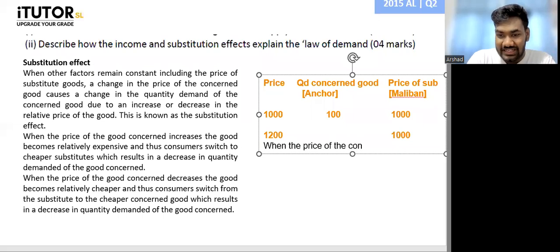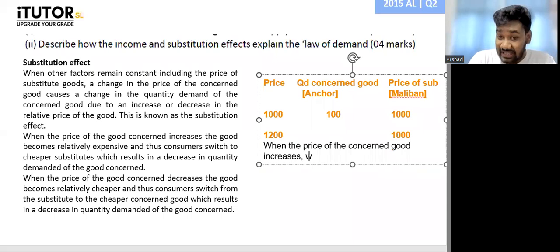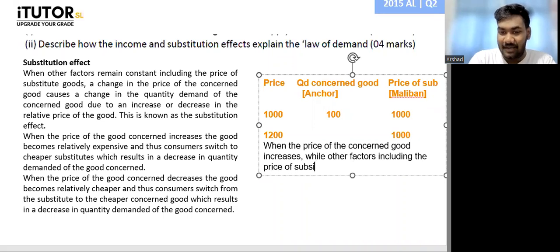When the price of the concerned good, our good, increases, while all other factors, including the price of the substitute, remain constant, what happens?